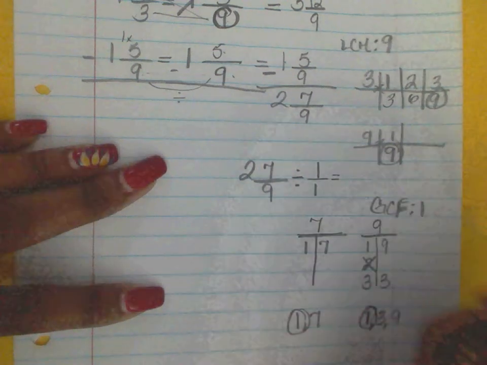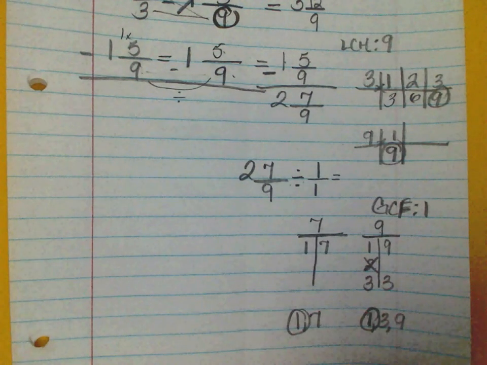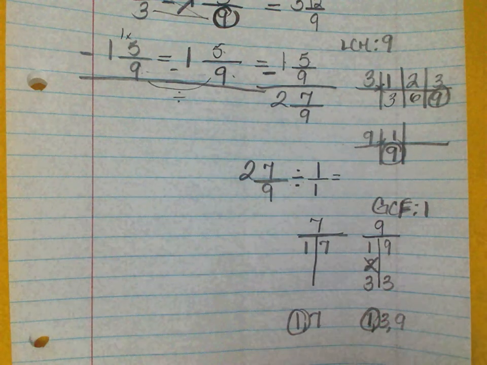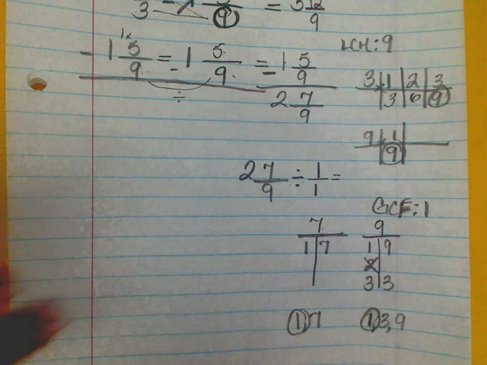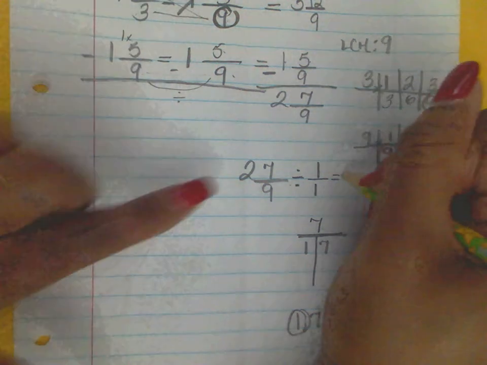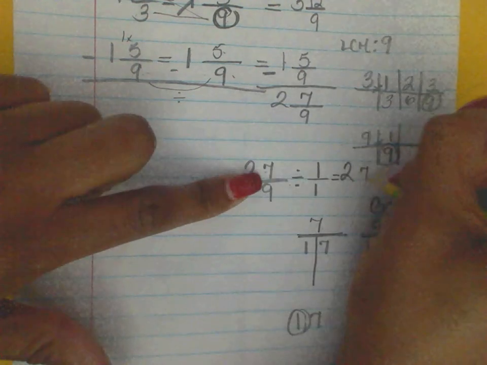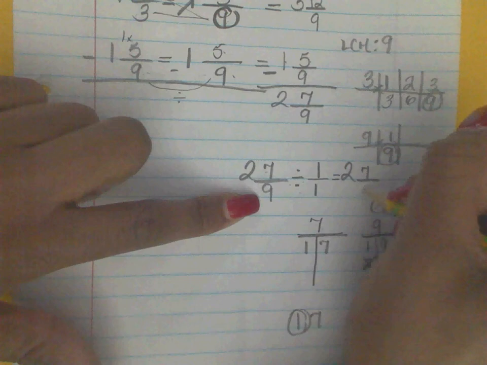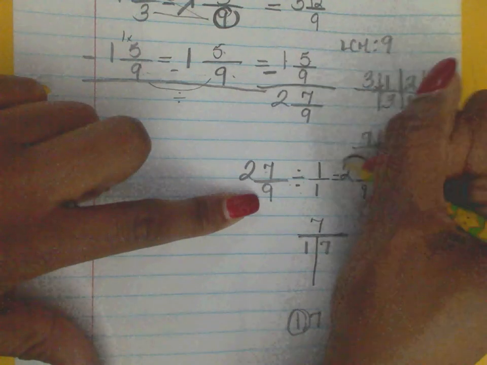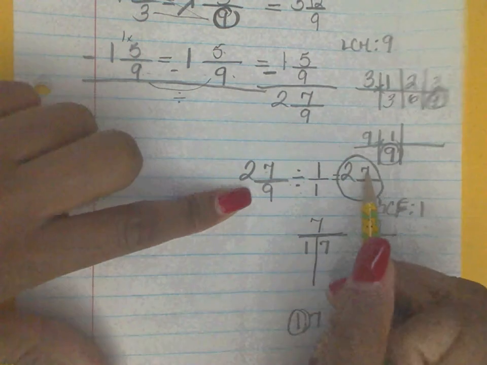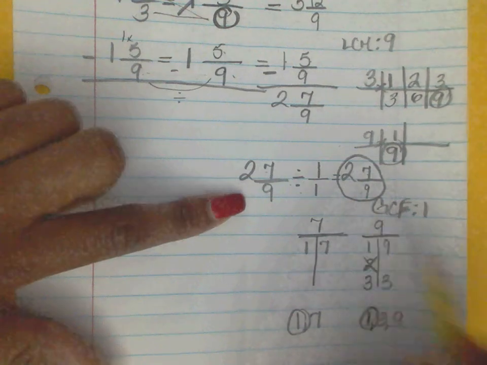So that means it's going to look different, but still have the same value. So I take my whole number over, 2. 7 divided by 1 is 7. And 9 divided by 1 is 9. So in this case, my fraction didn't change. My pieces didn't change. So that means if my GCF was 1, it was already simplified.